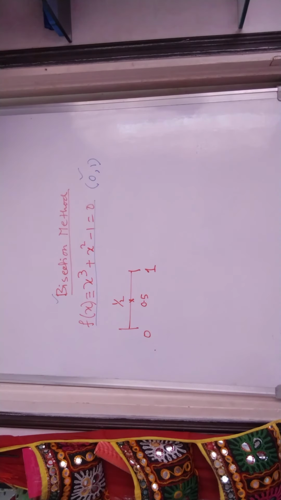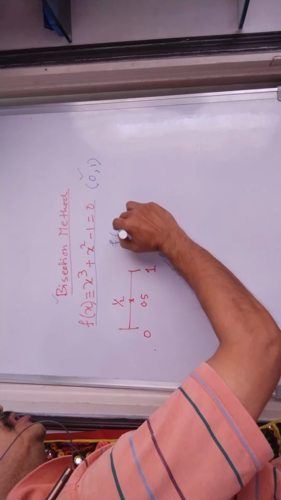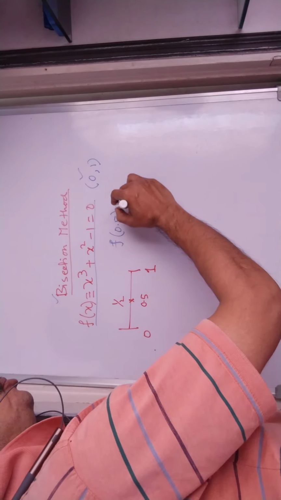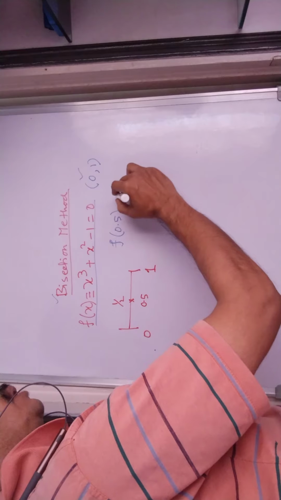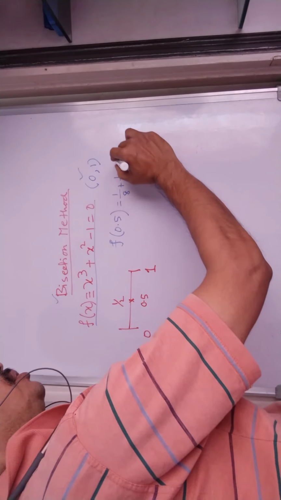And for that matter, we should first calculate f(0.5). And it is very easy to calculate. If we calculate f(0.5), it comes out to be 1/8 plus 1/4 minus 1.